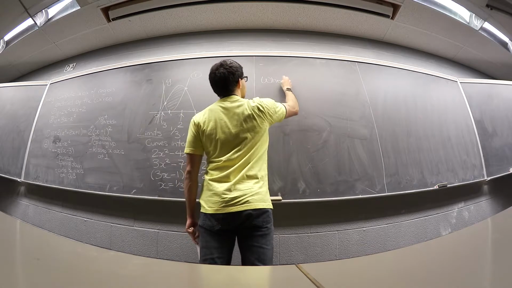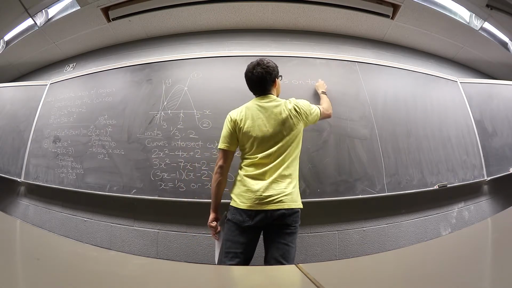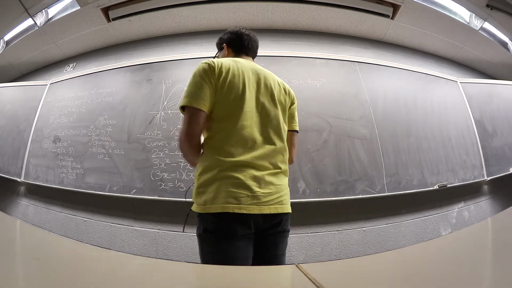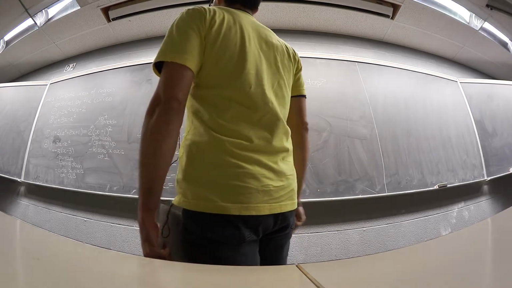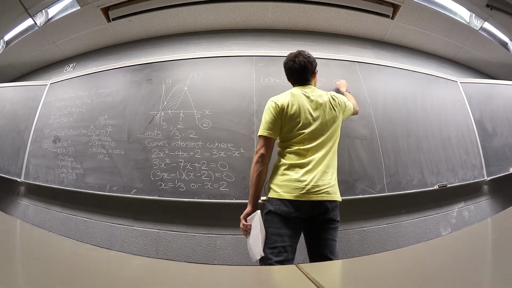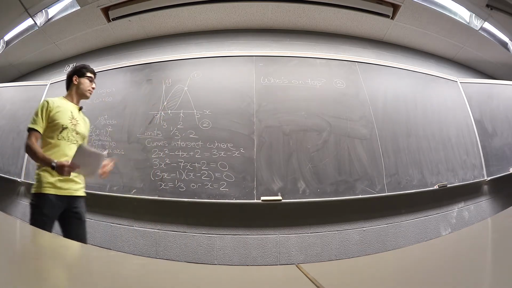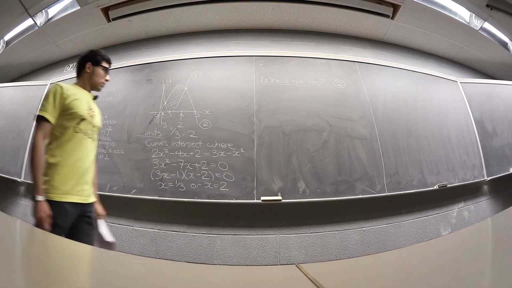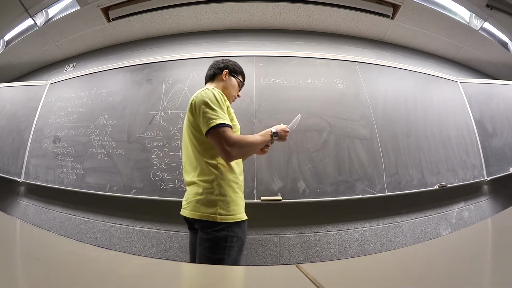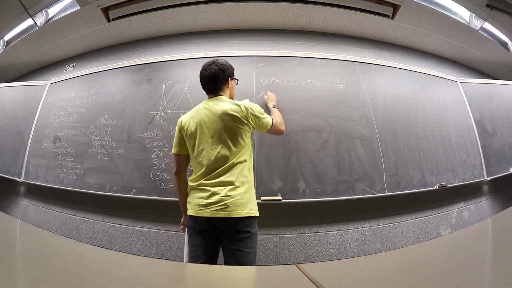Who's on top? White's on top. Okay, over the interval, white's on top. And that's it. We're all set. We can write our integral and end the question.